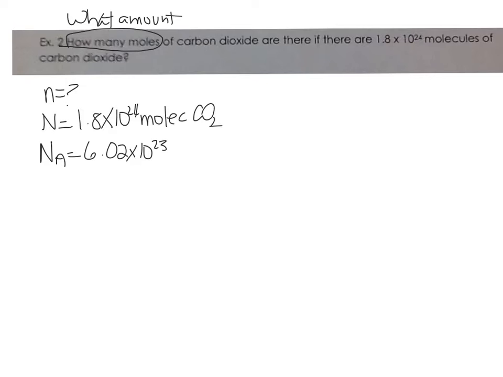Now, carbon dioxide, is it covalent or ionic? It's molecules per mole. So we're looking for small n. So it's big N divided by Avogadro's number.